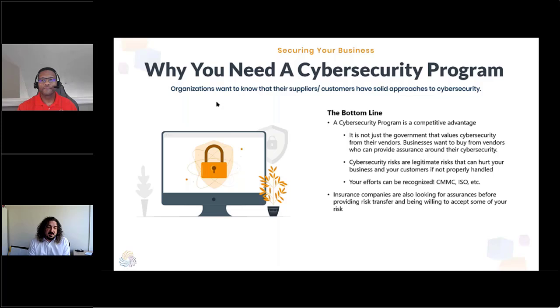We do talk to companies who are saying, well, I'm really considering exiting the government business because 10%, 20%, 30% of our business is focused on government, and the increased costs of managing a cybersecurity program that the government's requiring, I can't justify that for that small portion of the business.